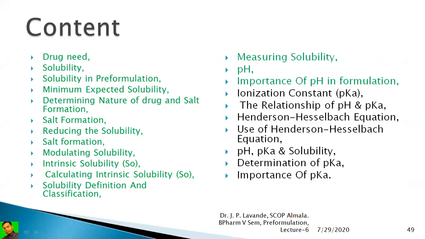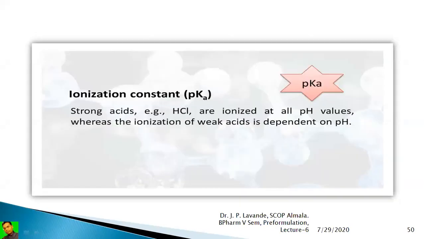Now we need to study the ionization constant. The ionization constant is represented as the pKa. Strong acids, for example hydrochloric acid, are ionized at all pH values, whereas the ionization of weak acids is dependent on the pH.